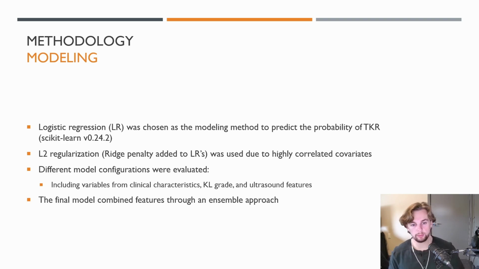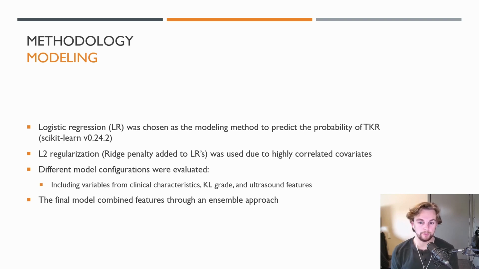And then there were a couple of different model configurations that they evaluated. There are three main sections of variables. So we have the clinical characteristics, we have the KL grade, and we also have the ultrasound features. The final model, which is model 4, we'll talk a little bit about in the future.